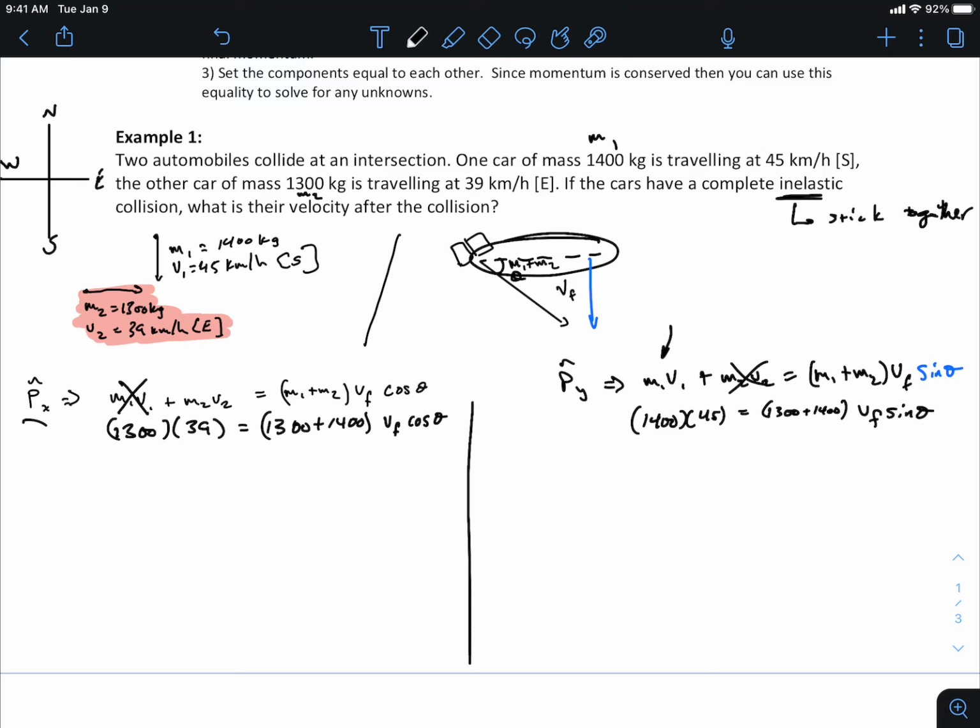So now we can just type into our calculator a little bit of work. Just gotta find my calculator. 1300 times 39 should equal 50,700. Okay, and that's going to have to equal 2,700 VF cosine theta.